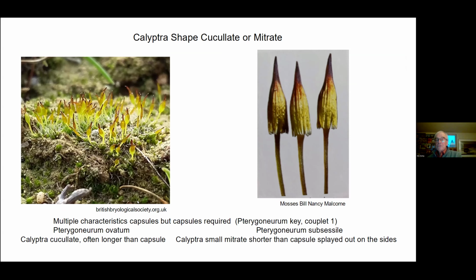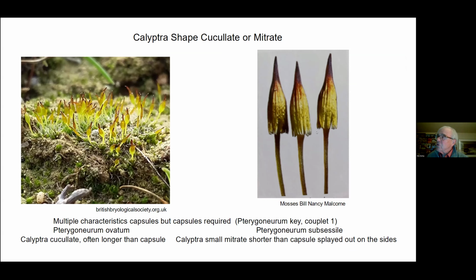But in the other species, the calyptra is described as being mitrate. And this is one of these things where I was not able to get a photo of the calyptra, which is described as a small mitrate shorter than the capsule, which obviously isn't true here. This is just a photograph of a calyptra that is mitrate.